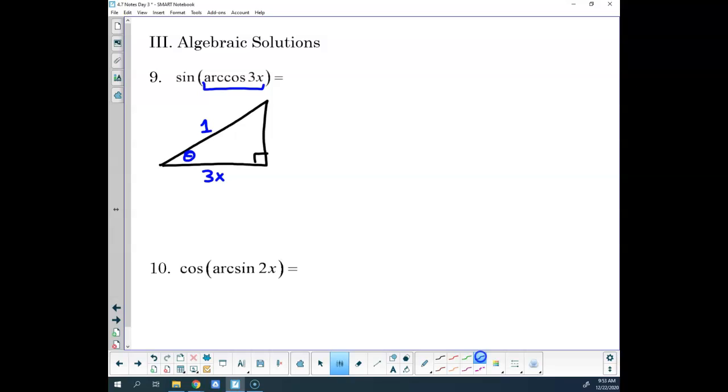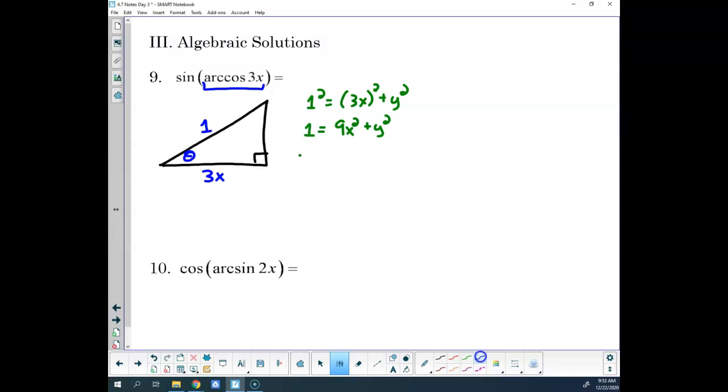But now I've got to do some math here. 1 squared is going to equal 3x squared plus y squared. So that's 1 equals 9x squared plus y squared.